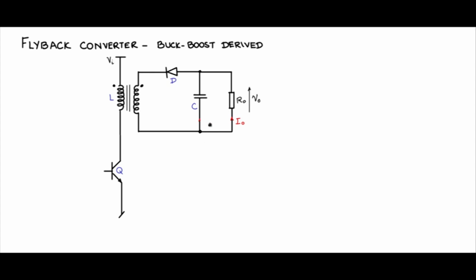What we can do is first remove these markings, this diode and the dot polarity. Let us reverse the diode. If you reverse the diode, I should reverse the dot polarity, so that when the non-dot end is positive, the diode should be on.